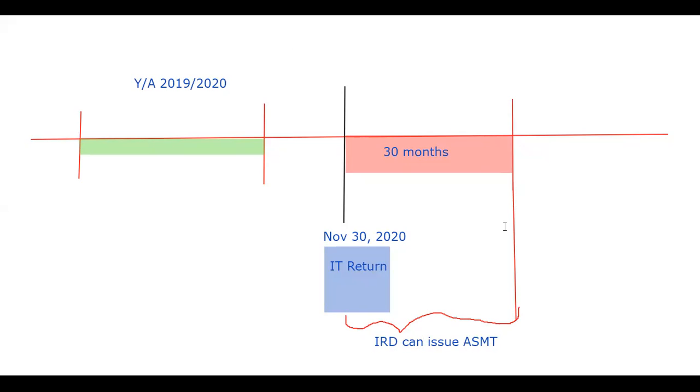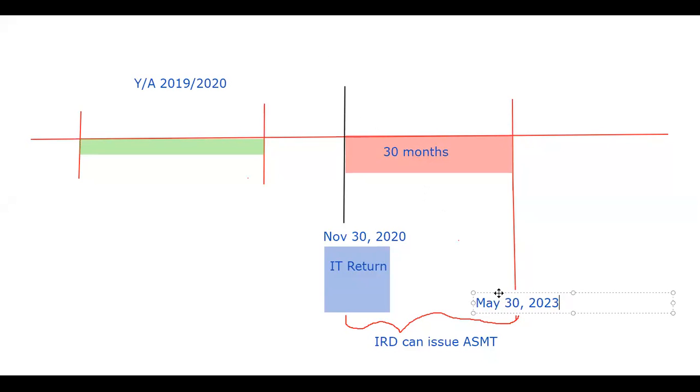Can you count up the 30 months? When is the last date? Yes, May 30th, 2023. Is that correct? I will put May 30th, 2023. 30 months is basically two and a half years.